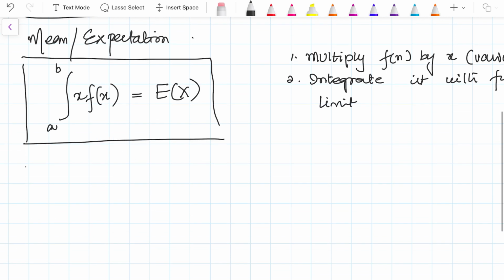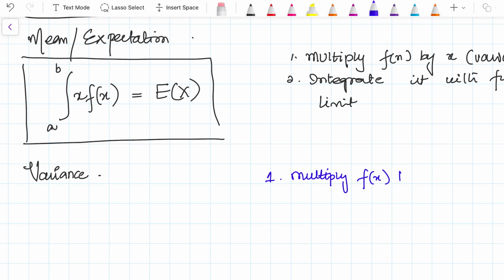Third concept. How do we find out the variance? For variance, number one step is multiply f of x by x square, or you can say any variable that you have. Integrate it with full limit.